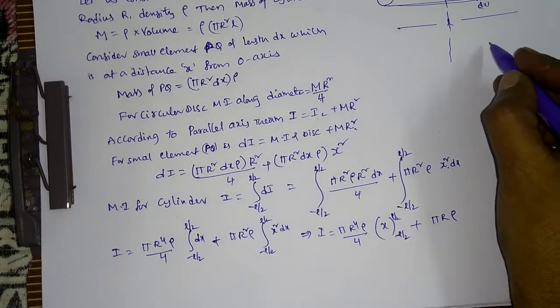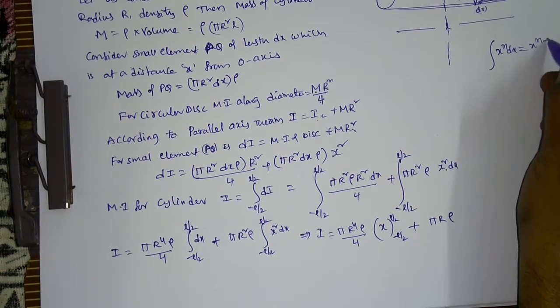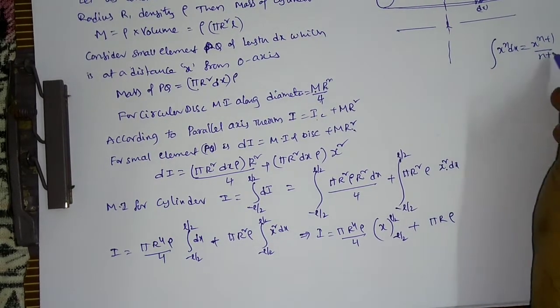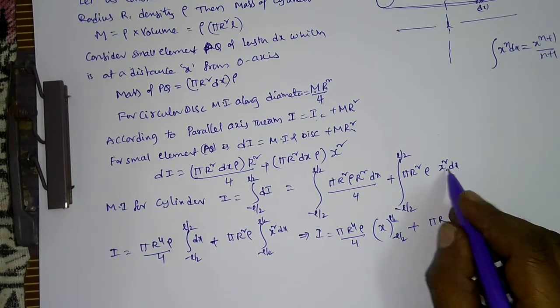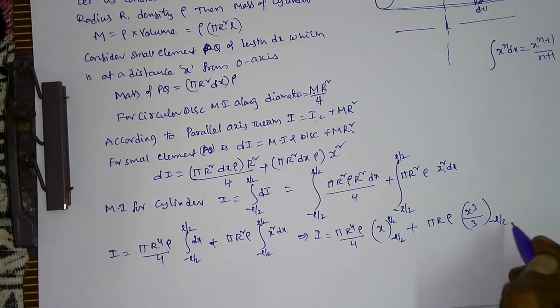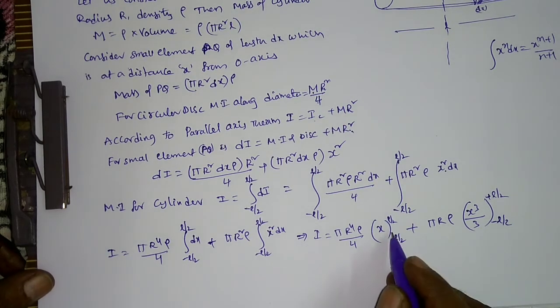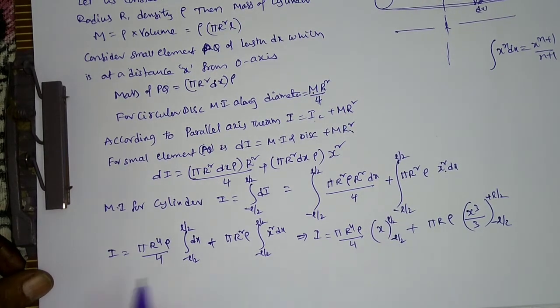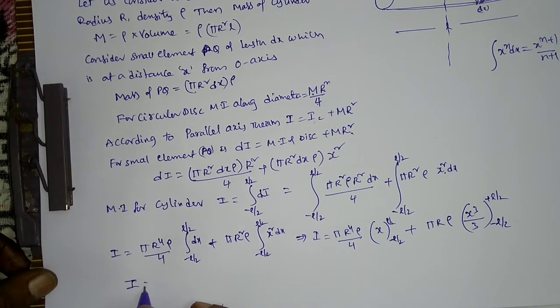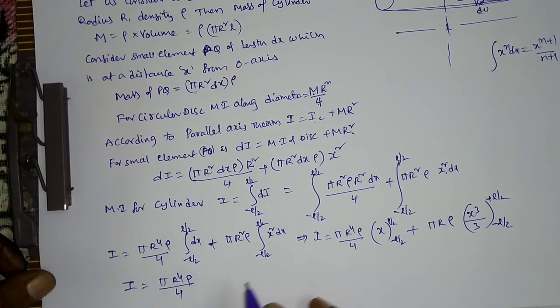This is again, as usual, the formula: integration of x^n dx is equal to x^(n+1) by (n+1). Substituting, you will get x squared means x cube by 3 from limits minus L by 2 to L by 2. Now substituting L by 2 and minus L by 2. So I is equal to pi r^4 rho by 4.